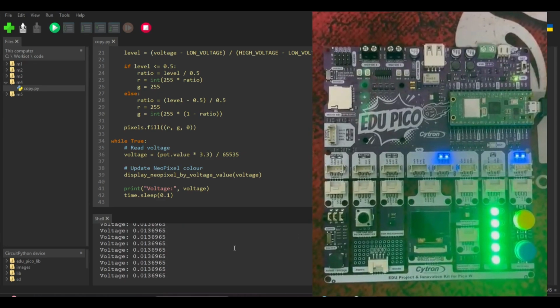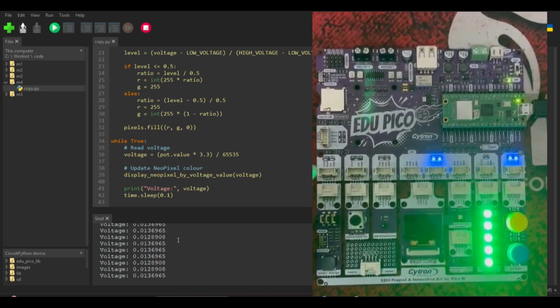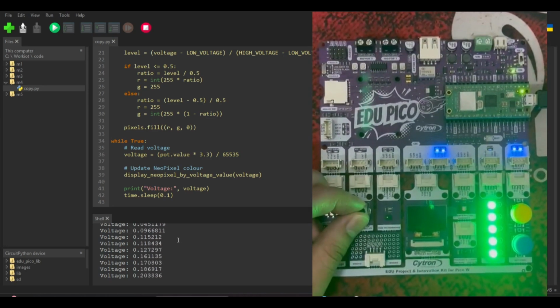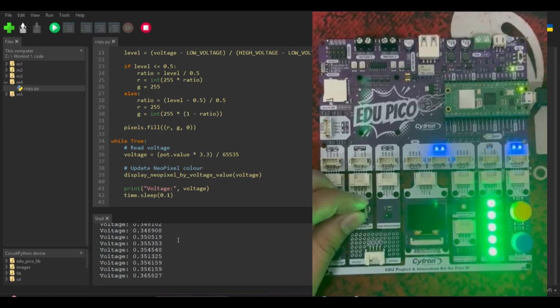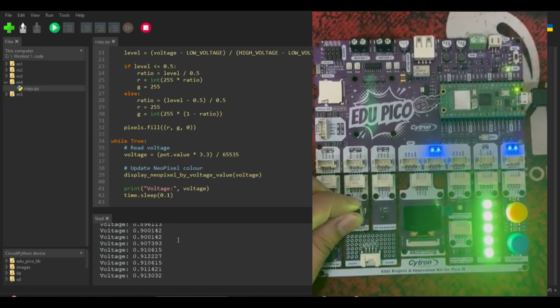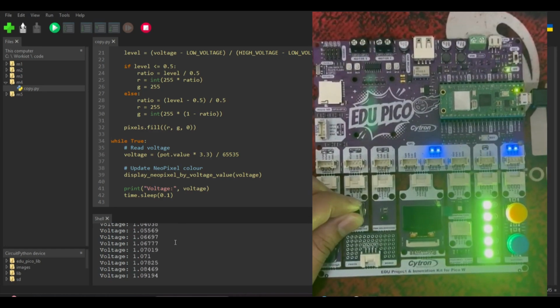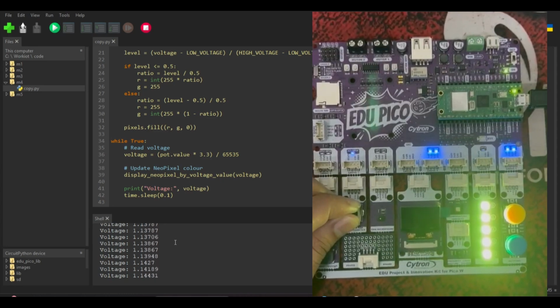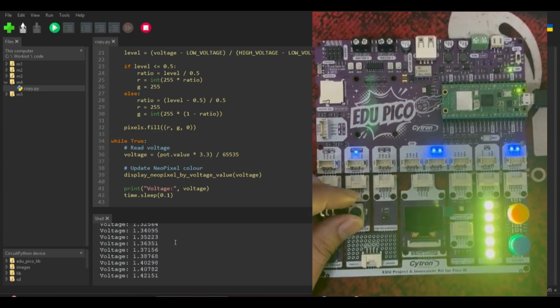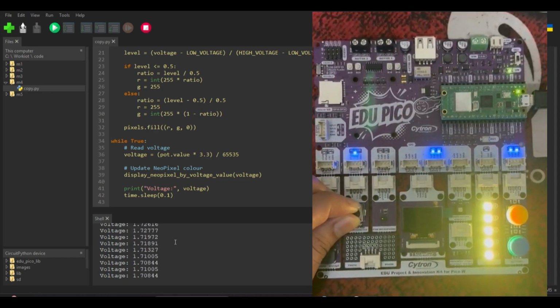As we can see, the voltage is slowly getting up, 0.3 to 0.45, and this time it is green, and the color is getting ready to be yellow.